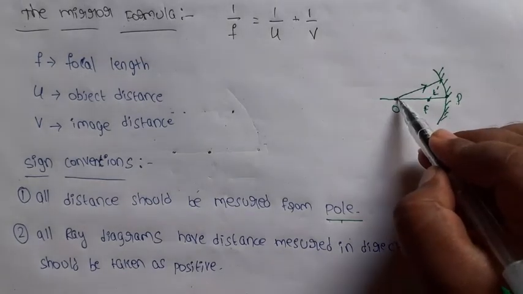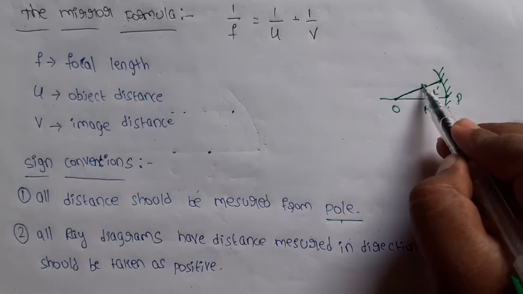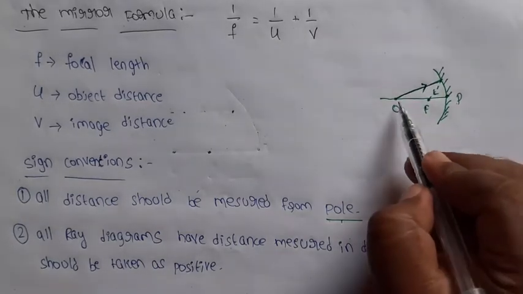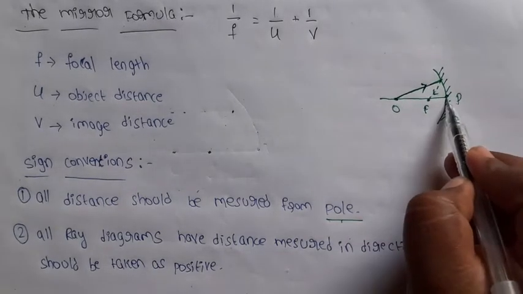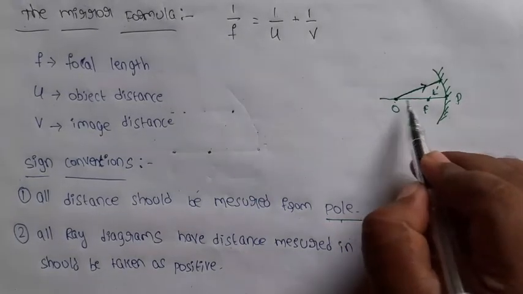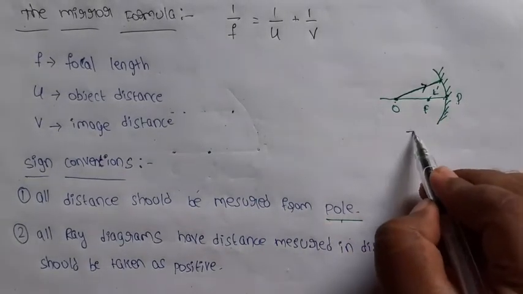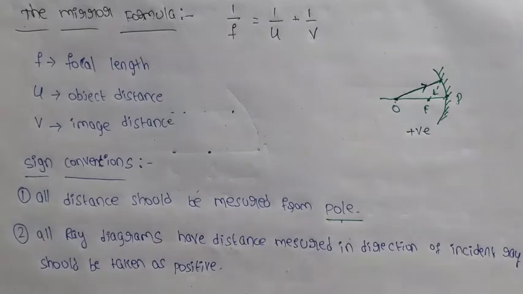This is the direction of the incident ray. When you measure the distance from here to the pole, in that situation you will take it as a positive value.